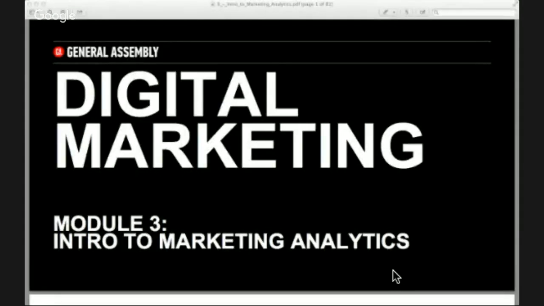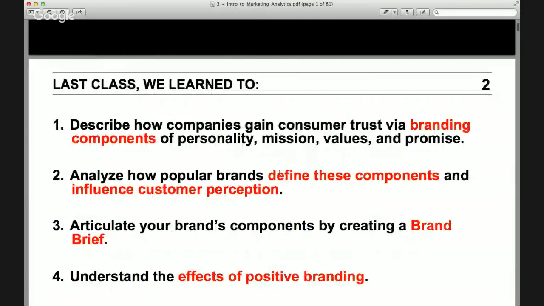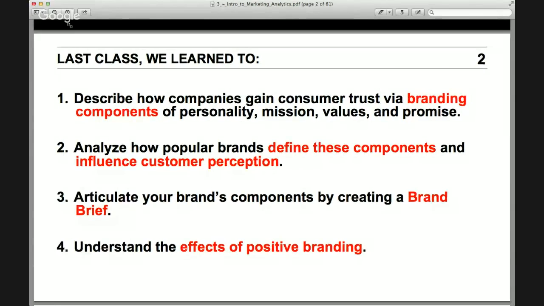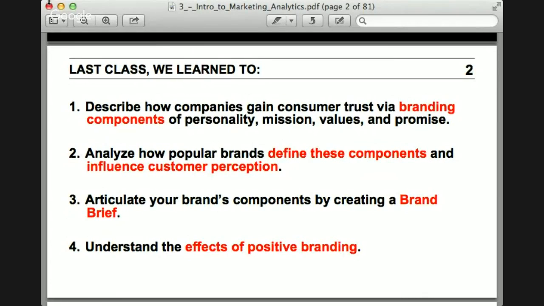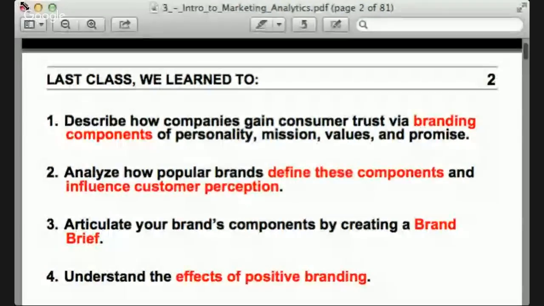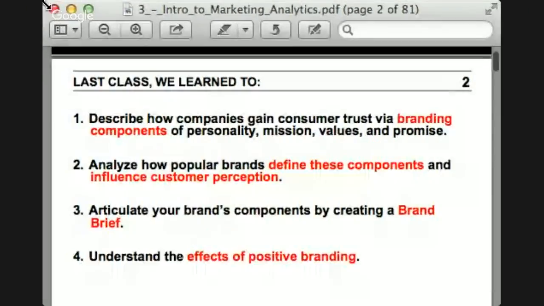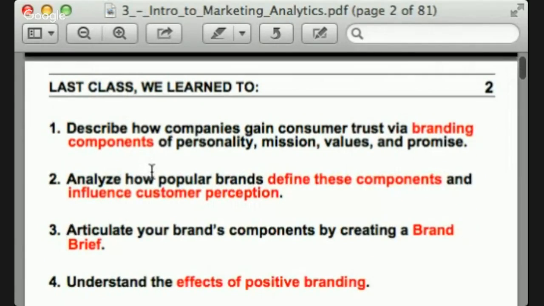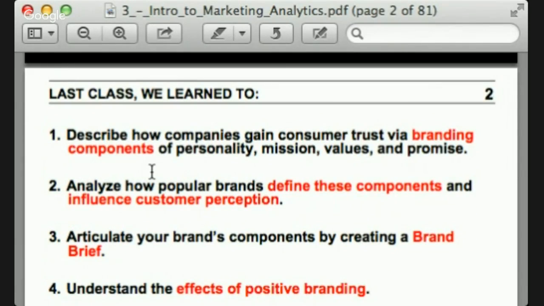And the effects of positive branding, including that initial getting people to sign up, to purchase, or to take action, how to retain them and get that repeat business going, increase their customer lifetime value, create brand evangelists, or people who are really passionate about your product or service to refer more business, and ultimately go back to that green one in the middle, which is increasing the customer lifetime value.